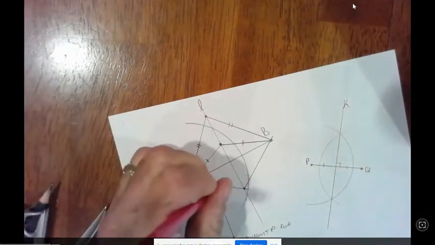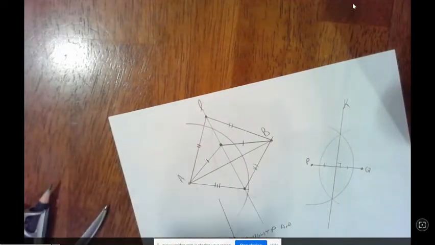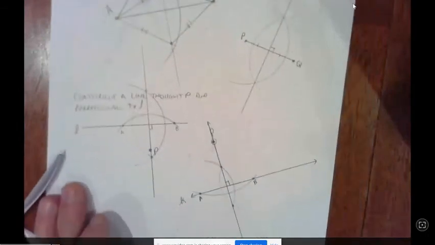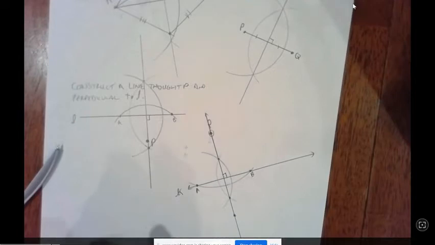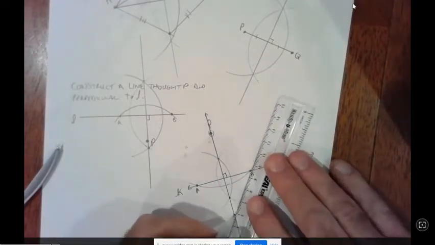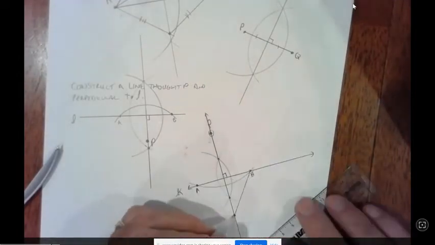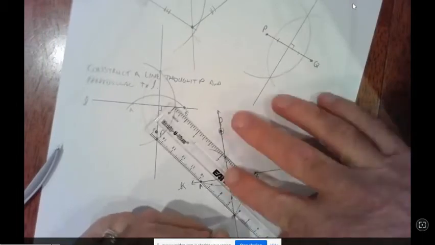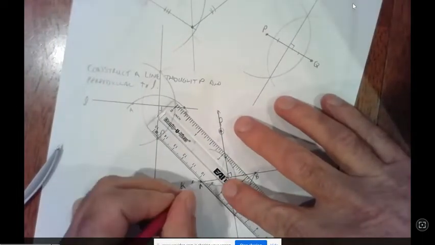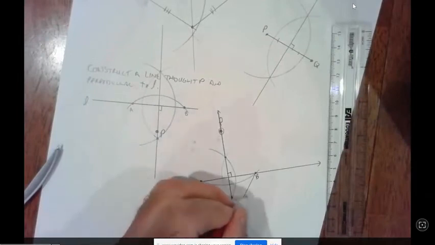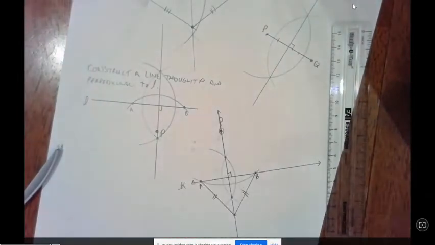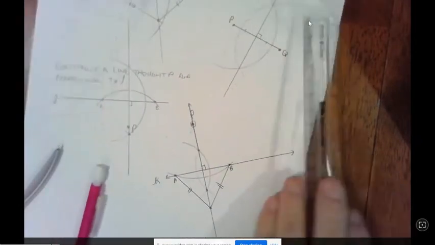So this segment is the same length as this segment. That will happen on any of these diagrams that we created. If we pick any random point on the perpendicular line and draw segments to the endpoints of the original segment, that length and that length will always be the same. So you can test that out on your own drawings. You can do the measurements with your compass or with a ruler, and you'll see that that is always the case.